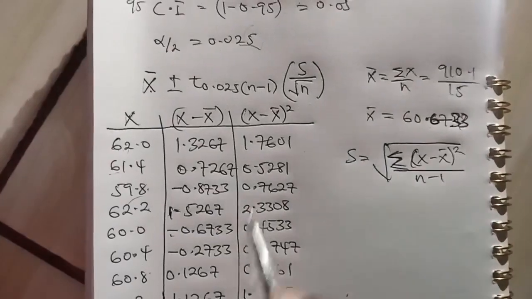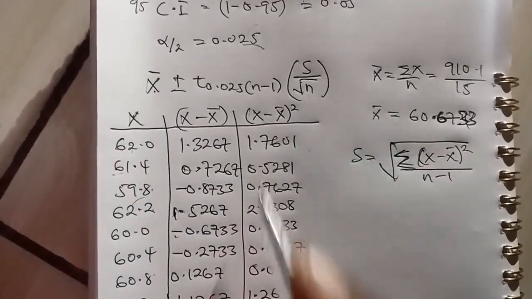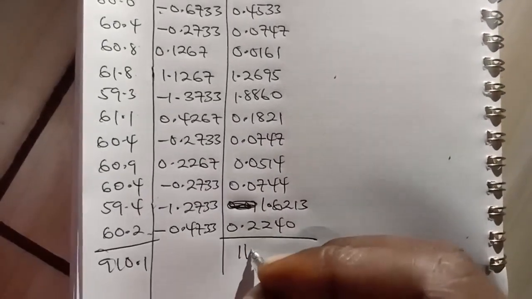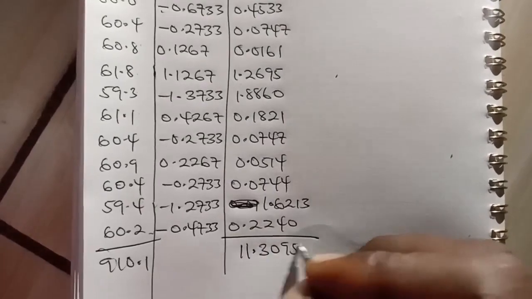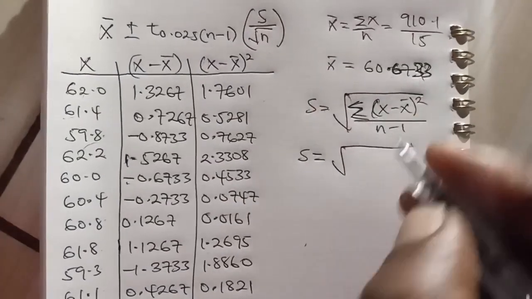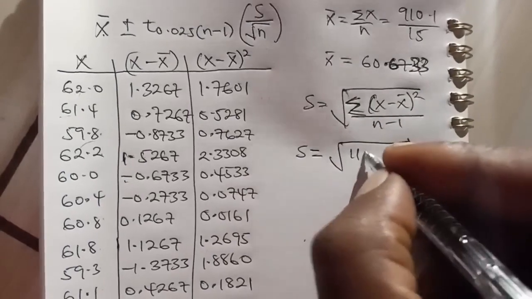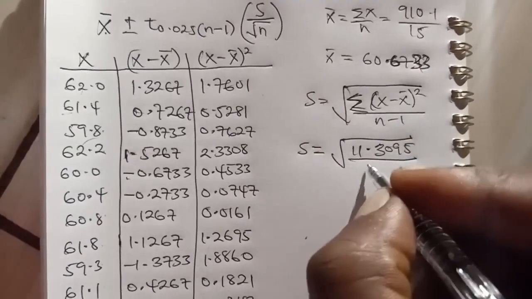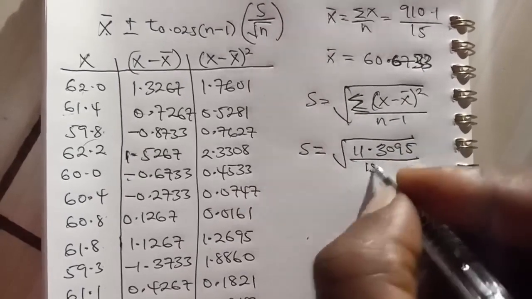If we get x minus x bar squared, that is what they will all look like. And if we add all of them, we'll have 11.3095, which is exactly what we needed here. It means that our standard deviation is the square root of 11.3095 divided by 15 minus 1.